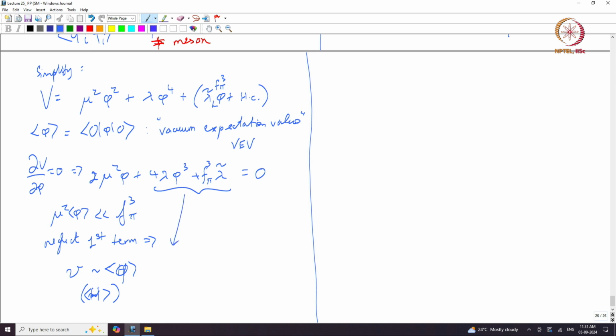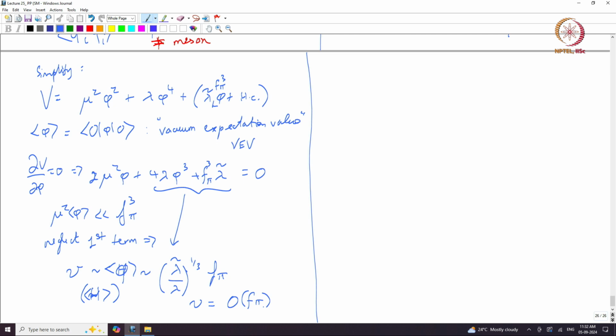From this condition I would get lambda tilde over lambda to the power 1/3. I am neglecting factors of 4 and things like that, but the important thing is it is of the order f pi.